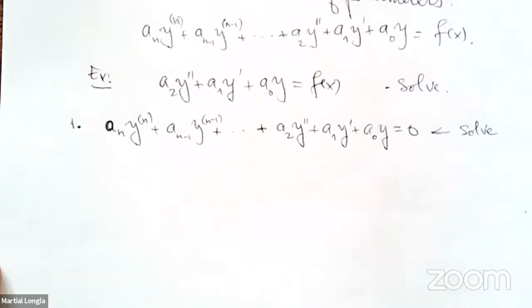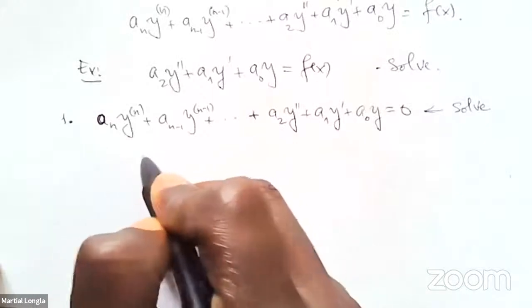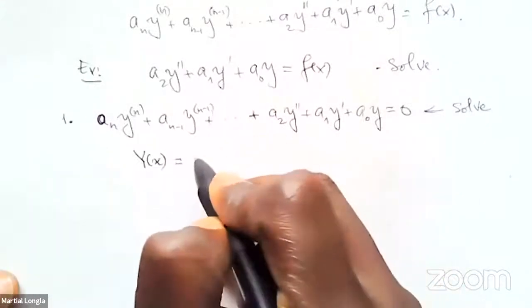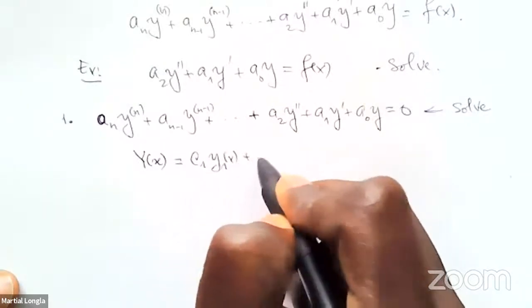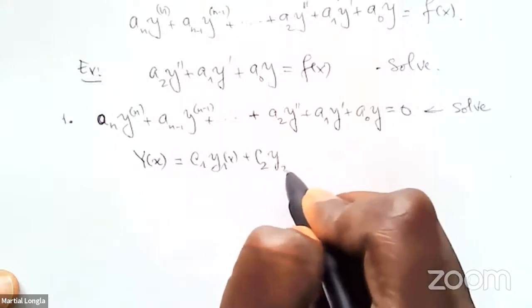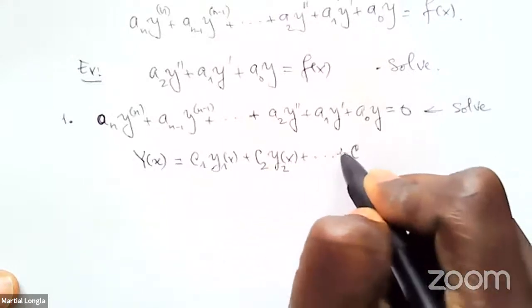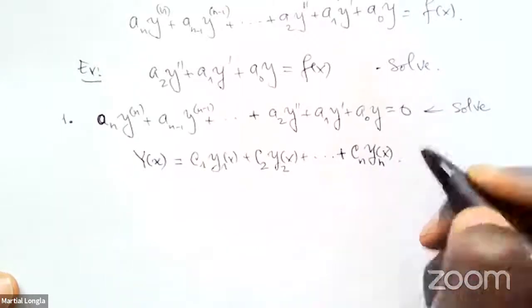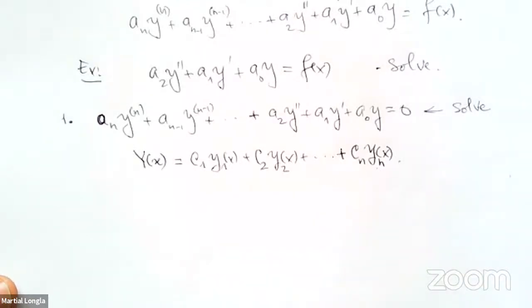So we know that the solution of this problem is going to be capital Y(x) = C1 y1(x) + C2 y2(x) + and so on all the way up to Cn yn(x), where y1 up to yn is a fundamental set of solutions.